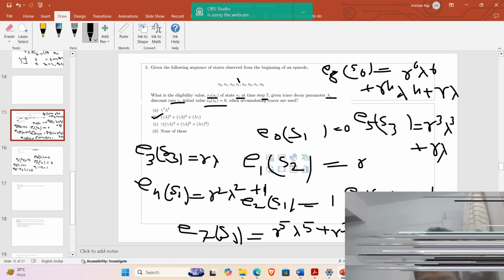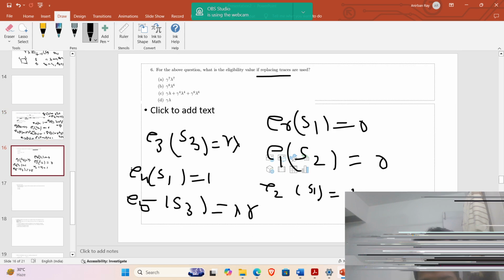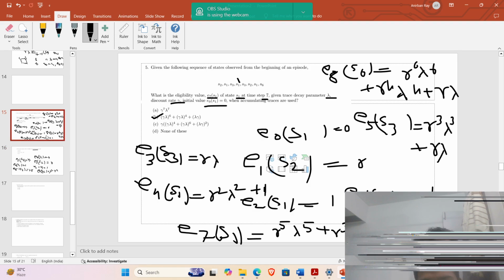Next we have S2. So E6 S2, an undesirable one, so let's decay it: lambda square gamma square. Next, S2 is done, right?